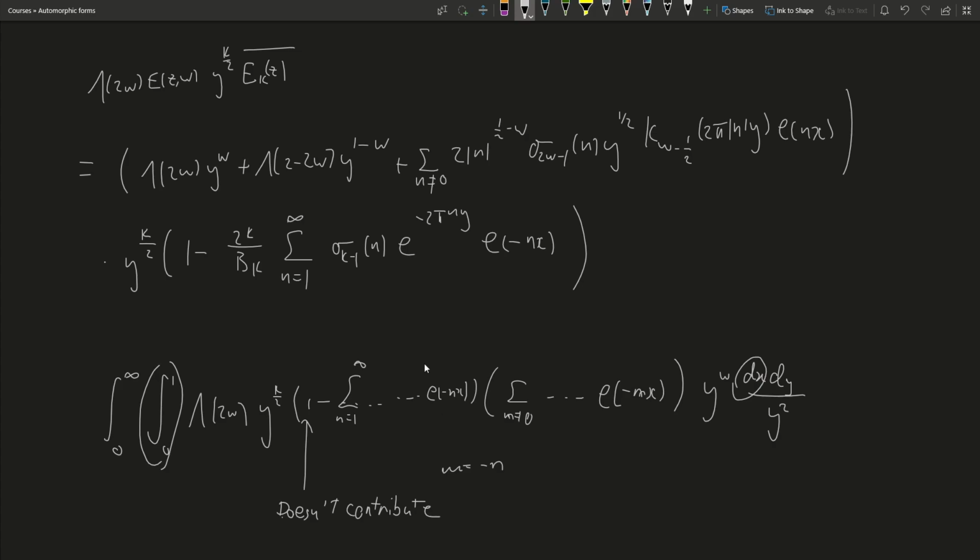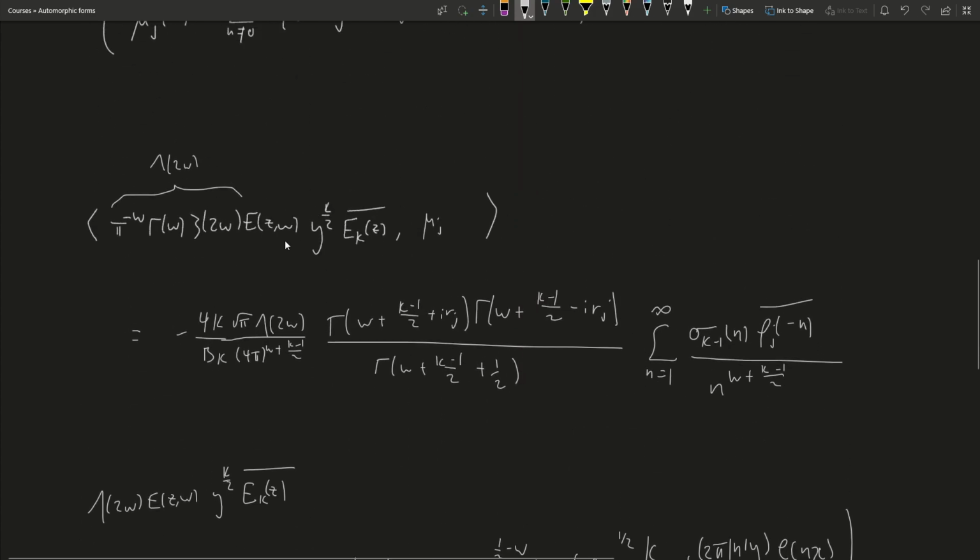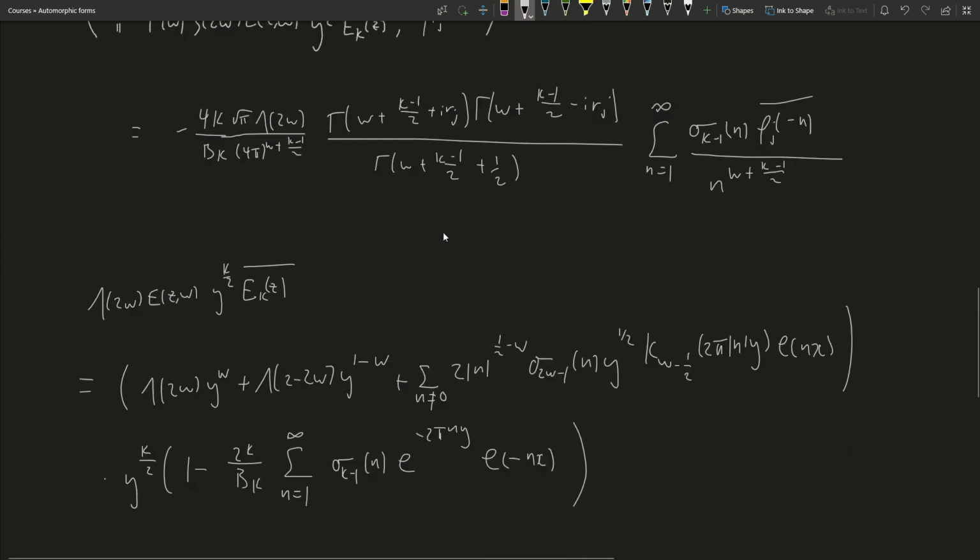Okay, so that's why you get essentially exactly the same thing as you did before for this inner product with the Maass form.